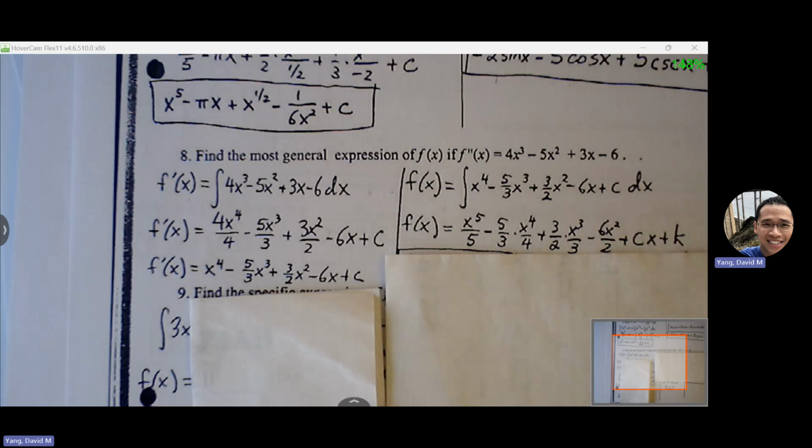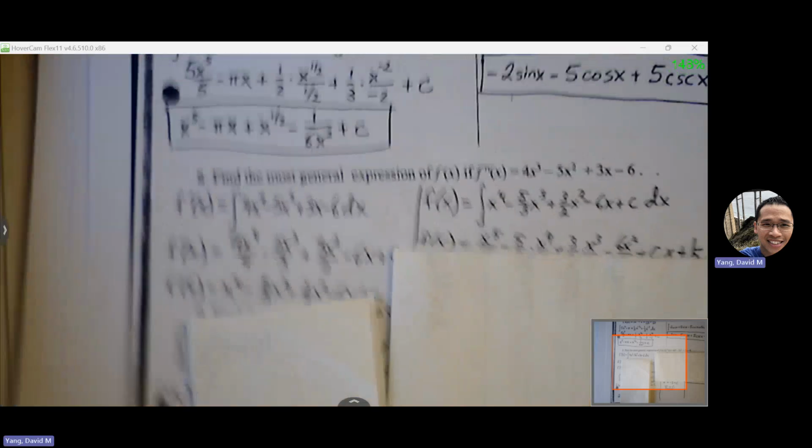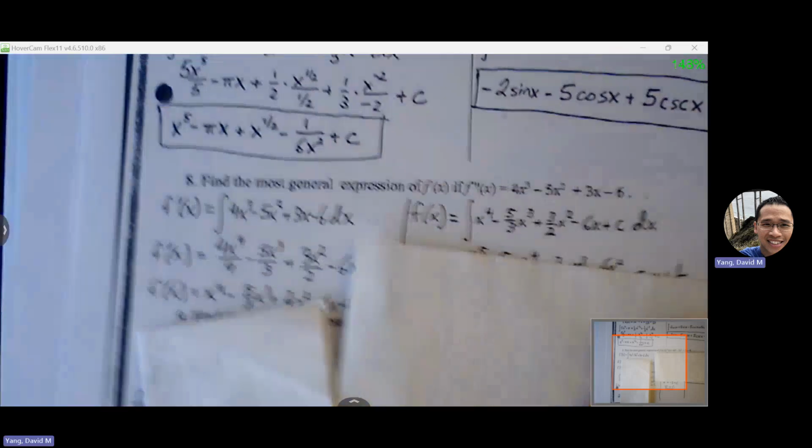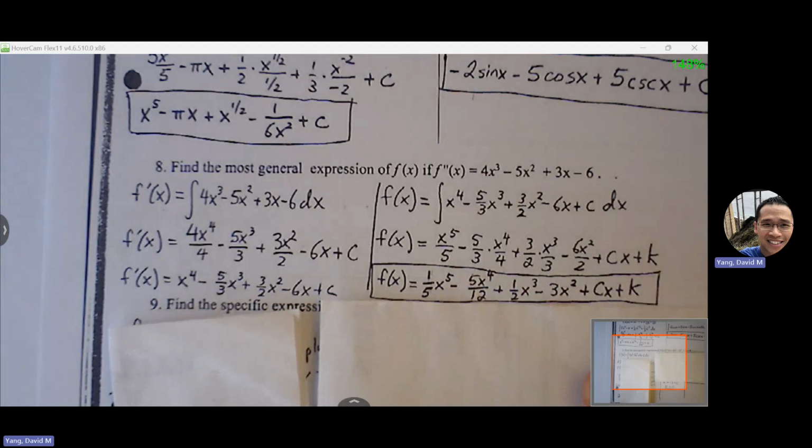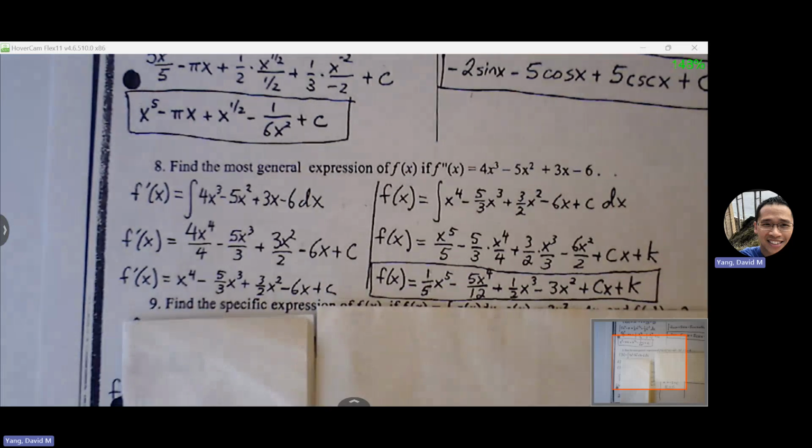K is a common letter that's used. So you can use plus C sub 2. You can say plus K. But yes, here we have our general equation. We're not able to solve for C or solve for K because they don't give us enough information. So we just have to hold on to it.